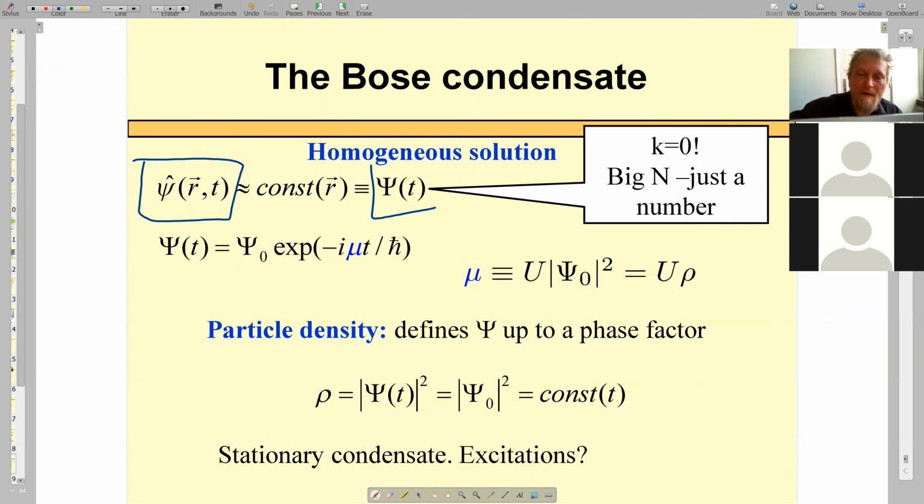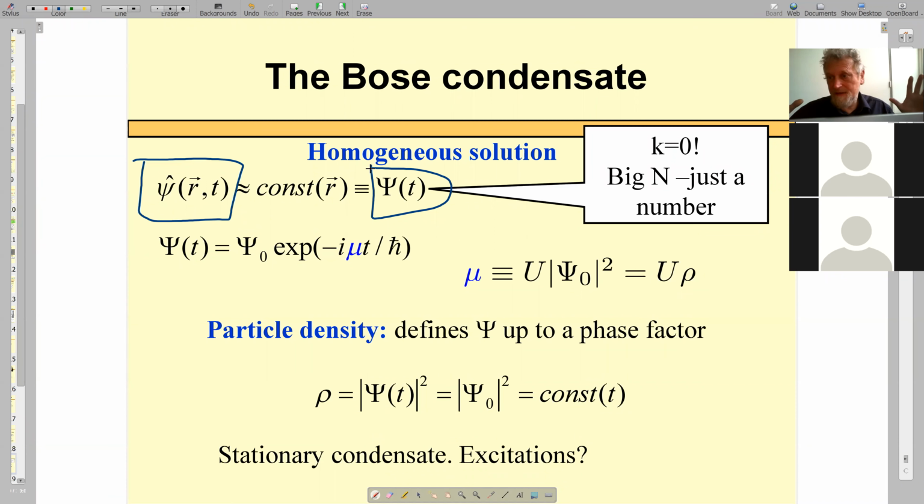If it is a number, we will choose it not to depend on R. Suppose it can depend on time, but not on R. Why is it so? It's one of the solutions of the underlying theory, and this is the homogeneous solution.